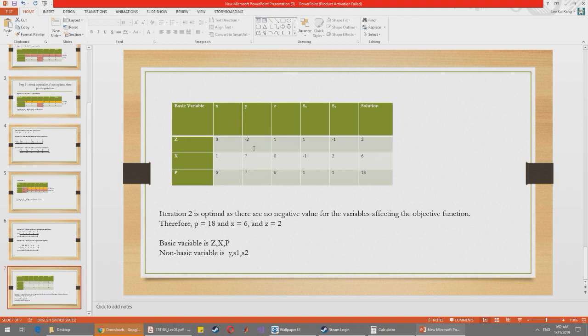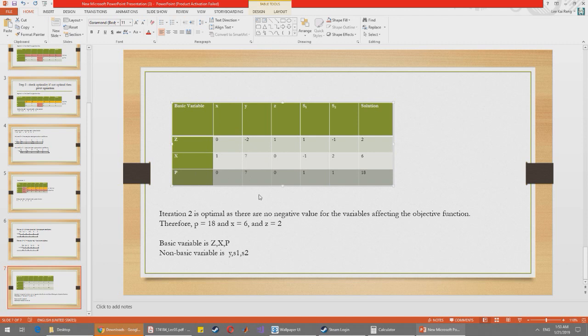Like just now, when we get the new table, we treat it as the initial table and check it for optimality. If optimal, then this answer will be optimal. If not, then do the operation again. In this table, we can see all of row p is positive, which means this table is already optimal.